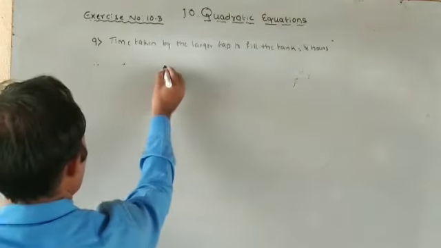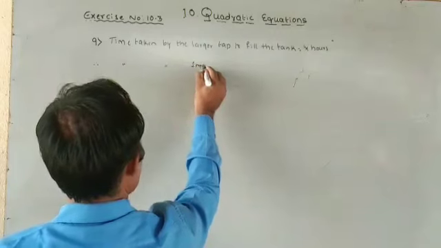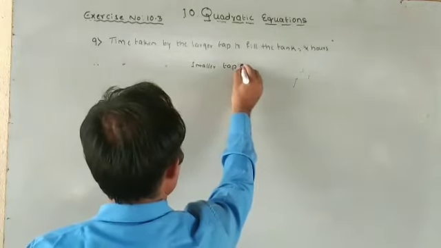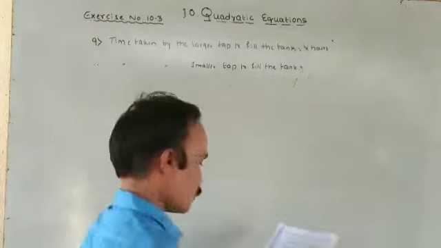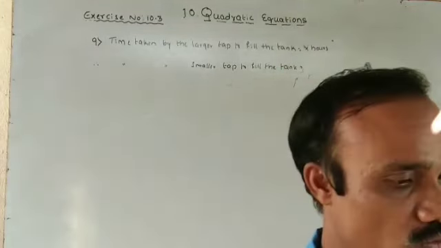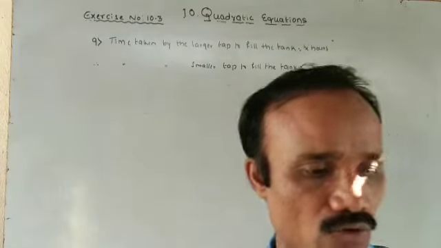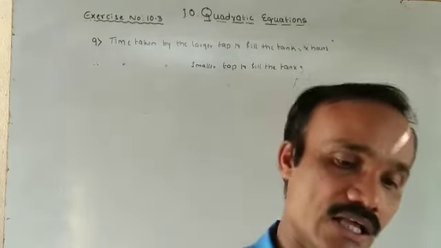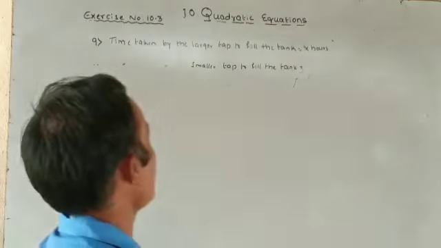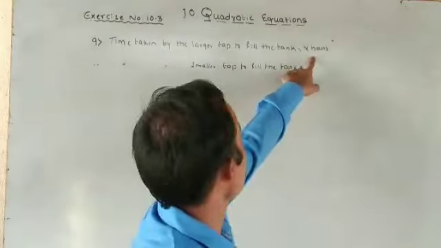So don't forget the formula and the standard form of a quadratic equation. Therefore, x is equal to minus 5 plus or minus root of 5 square minus 4 into 1 into minus 1800, divided by 2 into 1.